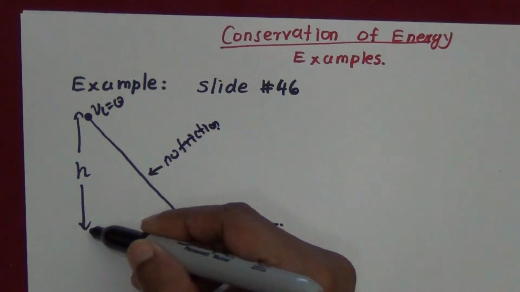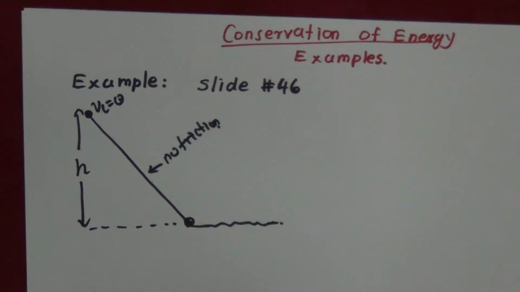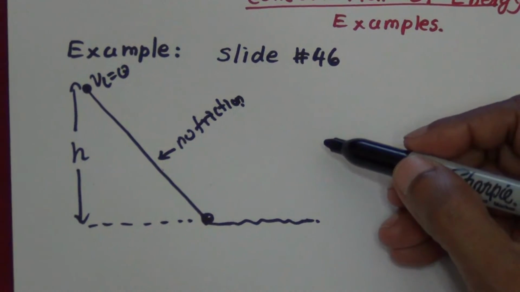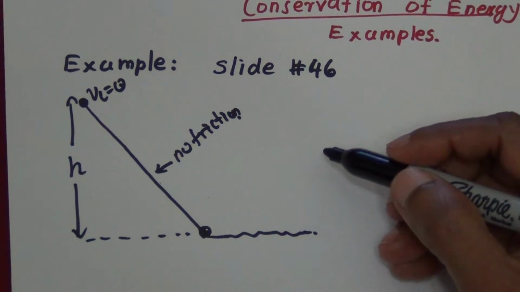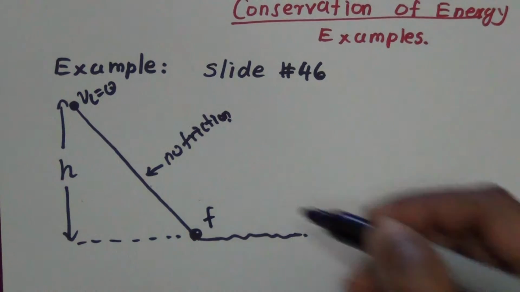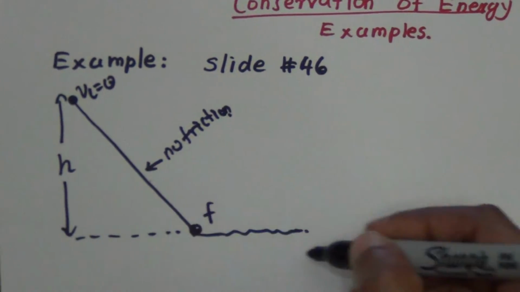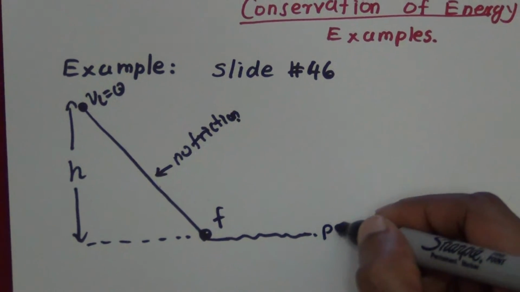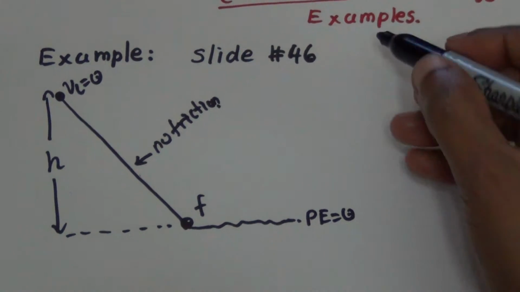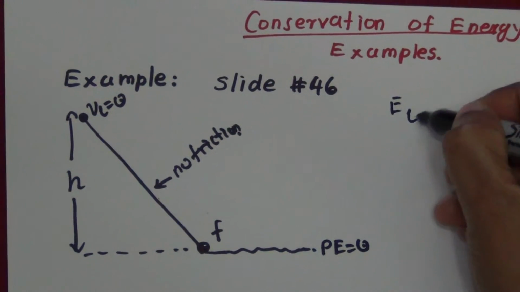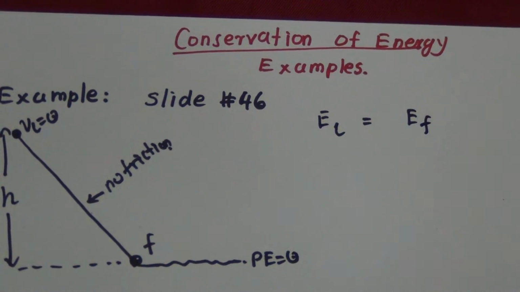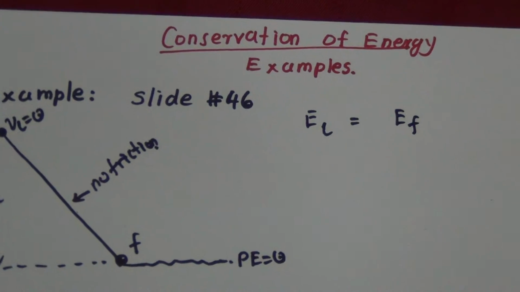So I'm just going to analyze how we can see the trade between kinetic energy and potential energy, right? Let me take this as initial and final. The ground is going to be my zero potential energy level, right? So what can I write? Initial total energy is equal to final total energy.